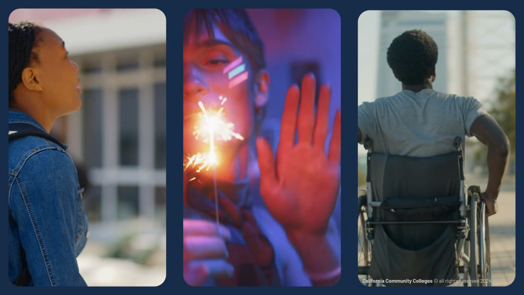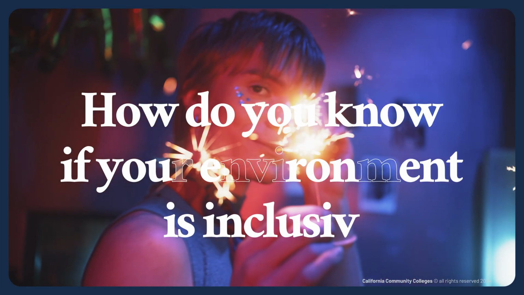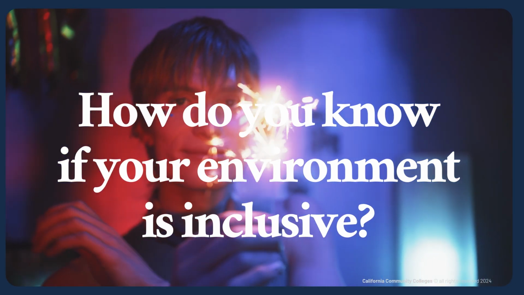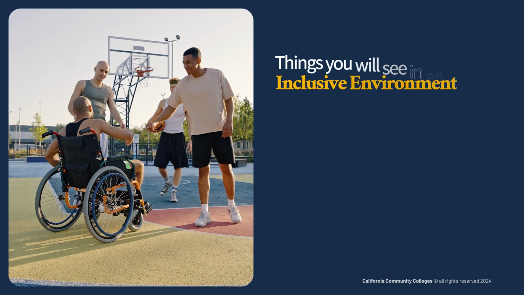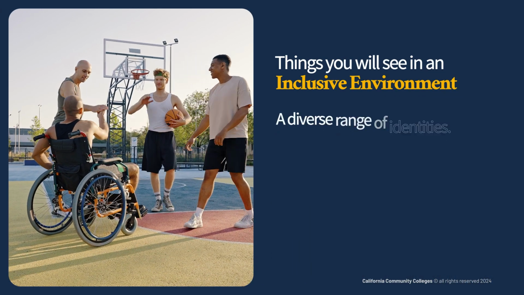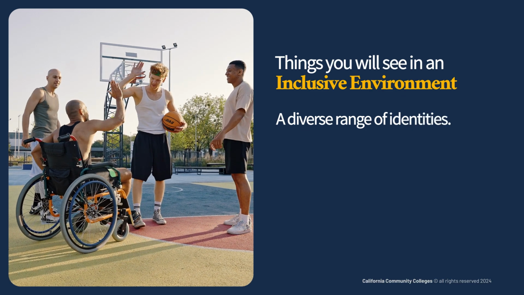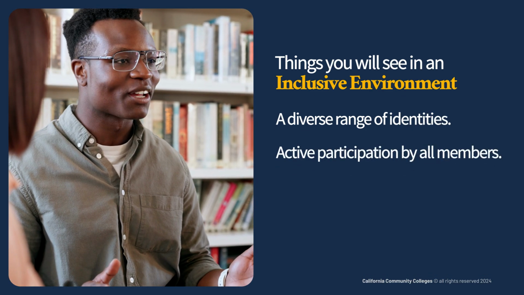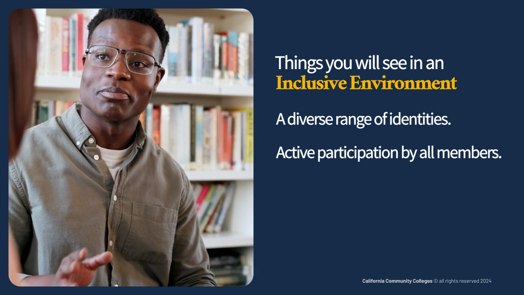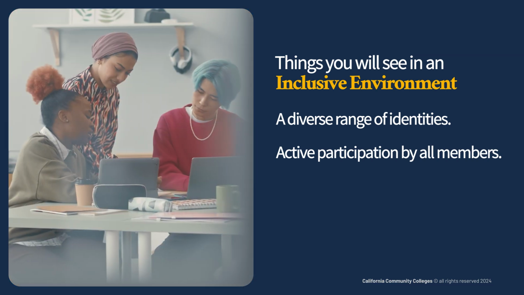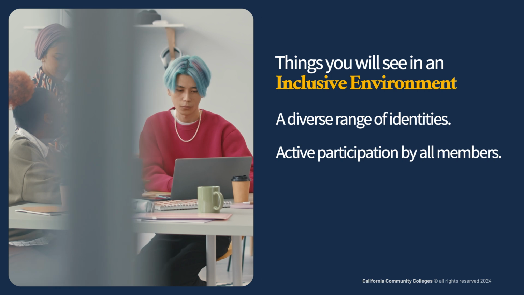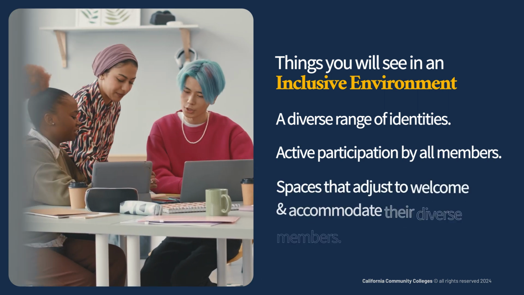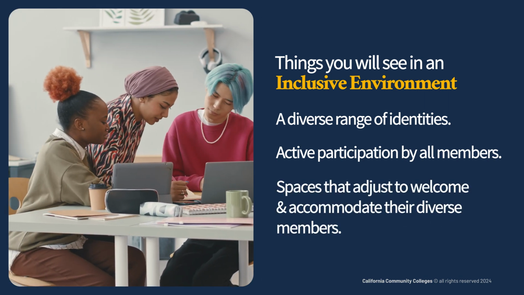How do you know if your environment is inclusive? Some things you might see in an inclusive environment are a diverse range of identities in classrooms and social settings, active participation by all members. No one dominates the conversation, and all people feel safe and welcome to share their perspectives. Spaces that adjust to welcome and accommodate their diverse members.